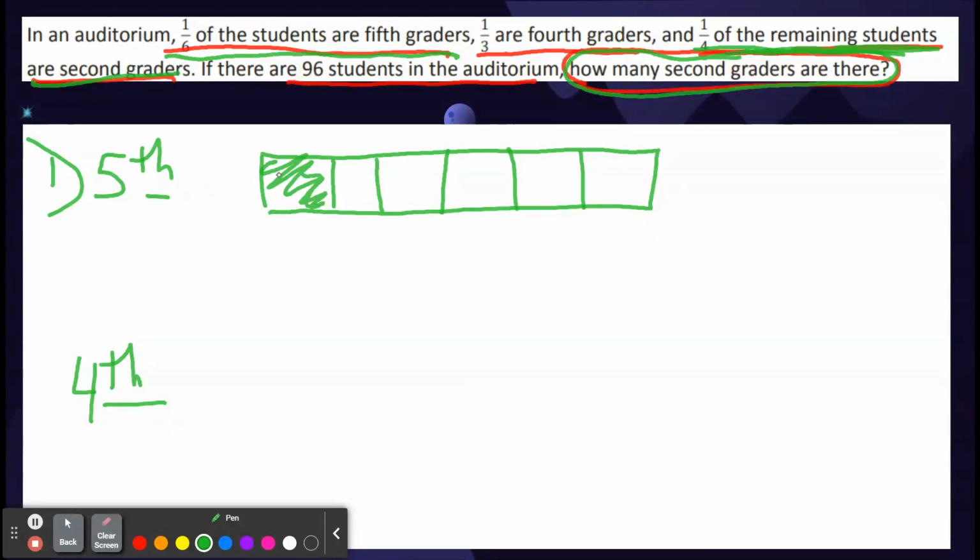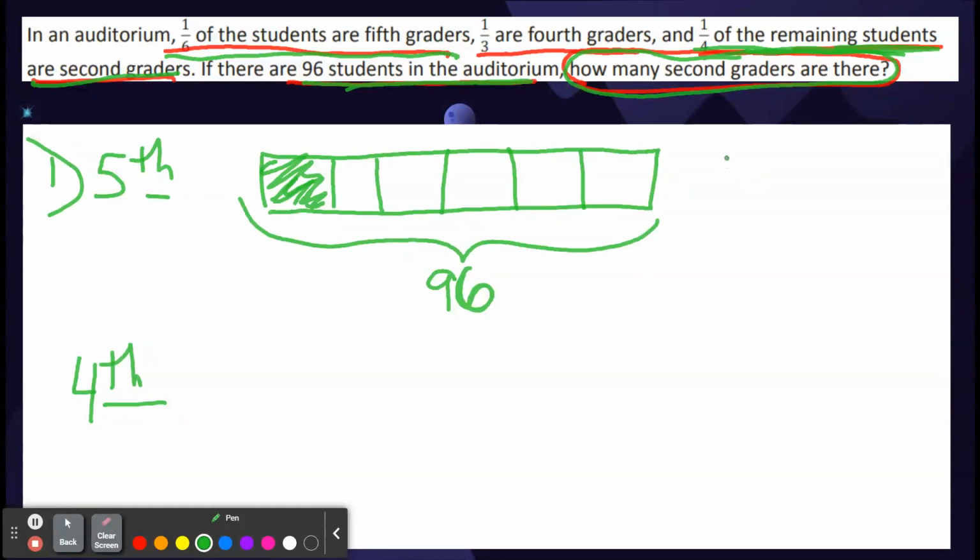But what's my whole? There are 96 students in the auditorium. So that means that out of all of these students, 96 is my whole. That is my whole group of students in the auditorium. So I know that 1/6 of them are fifth graders. So if 1/6 of them are fifth graders, I need to find out how much is 1/6 of 96.